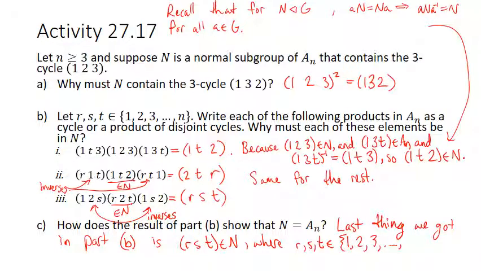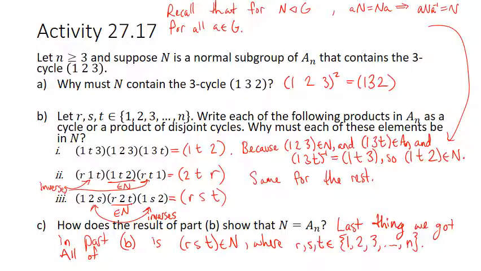So because of that, we've actually shown that anything that is a 3-cycle can be written in the form RST, so all of those will be in N. And so we showed before that all of AN can be written as products of 3 cycles. So yeah, we've done it.